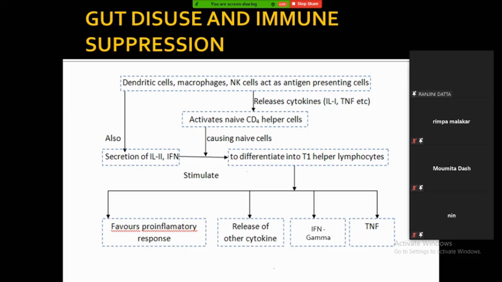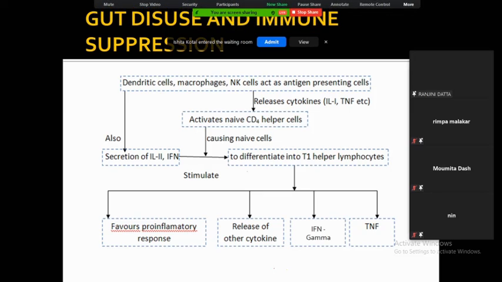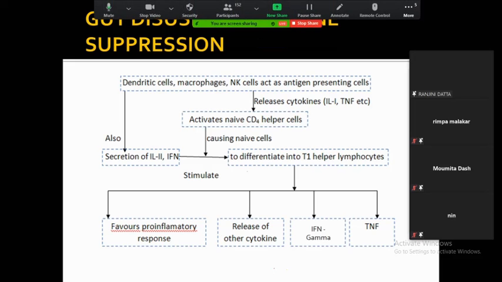Actually, the entire immune response or the inflammatory response that happens in our body is controlled by the activation of CD4 helper cells. Once these naive cells get activated, they differentiate into various helper lymphocytes. These helper lymphocytes will start influencing a pro-inflammatory response, which will also increase the temperature or induce pyrexia in the patient. That in turn will also release other cytokines, interferons, tumor necrosis factors.